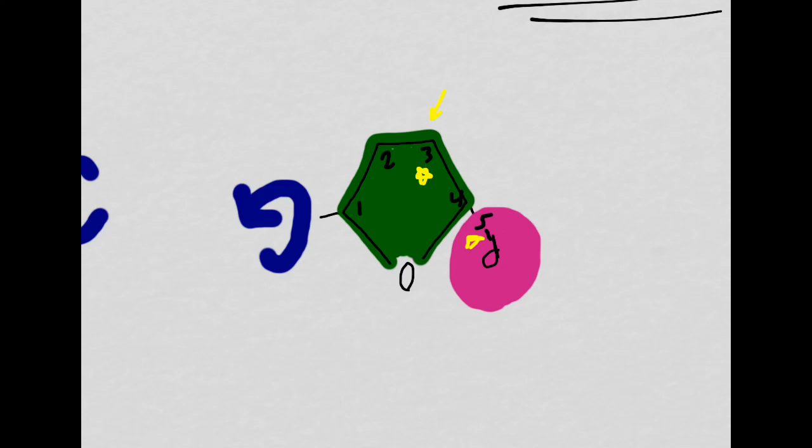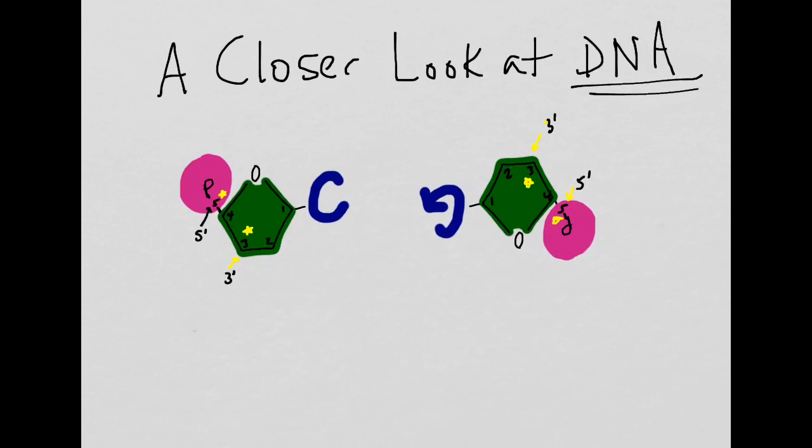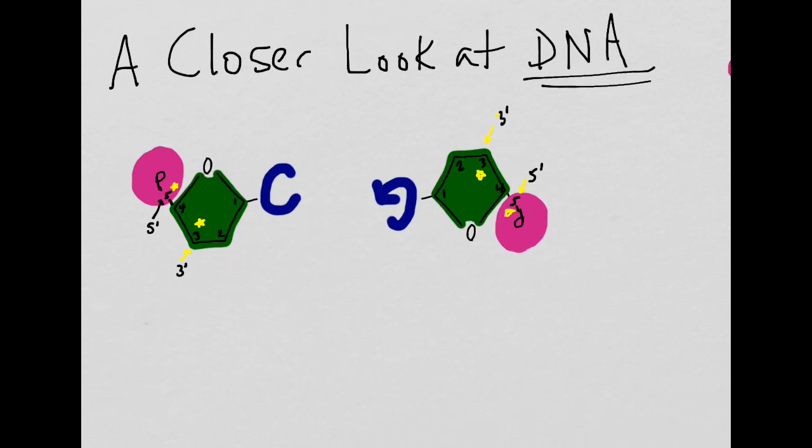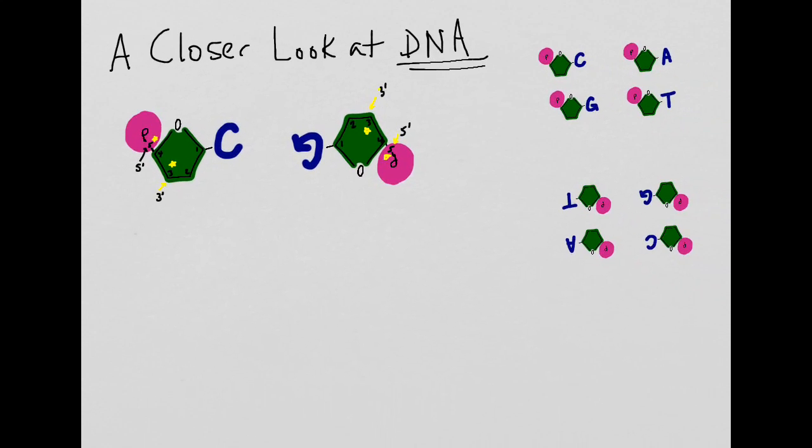So this is our 3 prime carbon, and this is our 5 prime carbon. On that one you can see that the 3 prime carbon is up and the 5 prime carbon is down. So you can see that these are oriented in opposite directions. So let's build some DNA with my little molecules here.